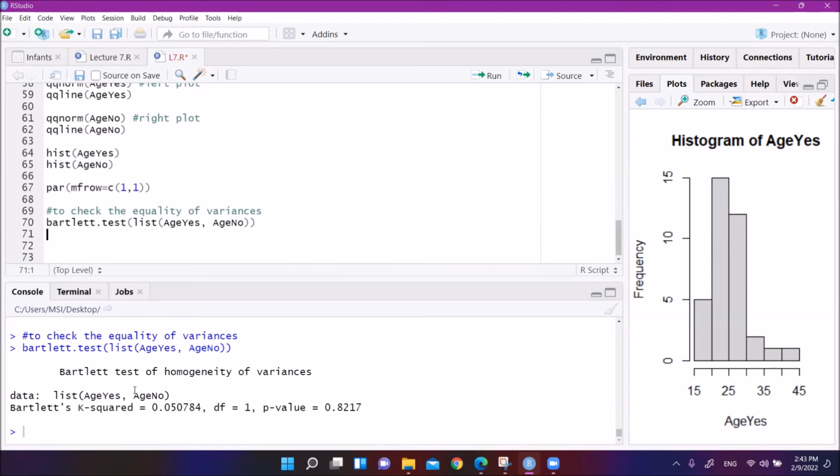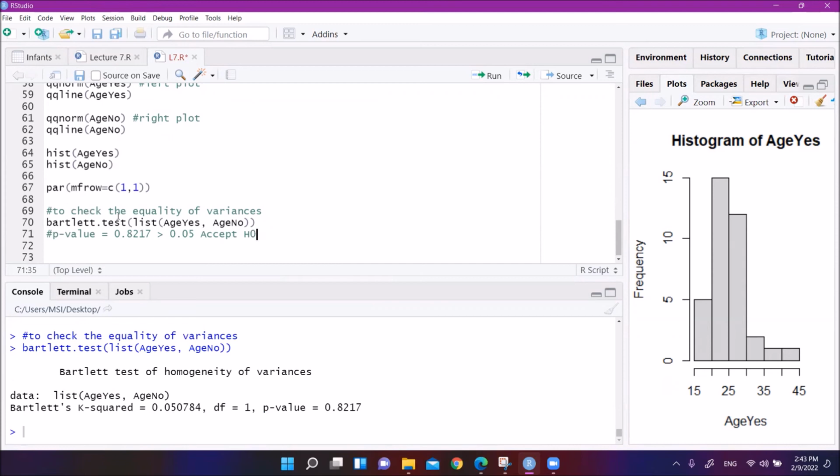And when you do that test, you are getting a p-value which is greater than 0.05. So it is not rejected. What is it here?